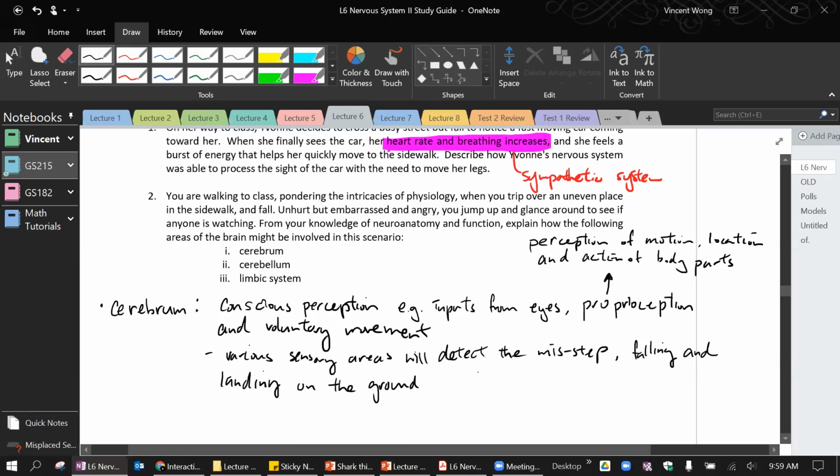Okay, so for example, you fall and it hurts. So where does the pain go? The pain will go to the parietal lobe, right?